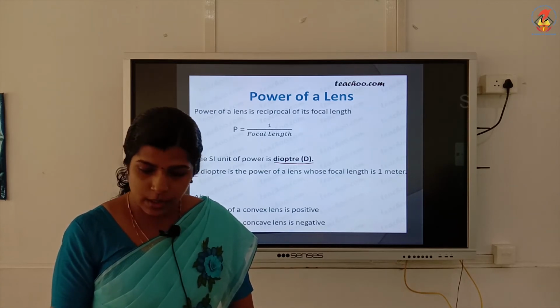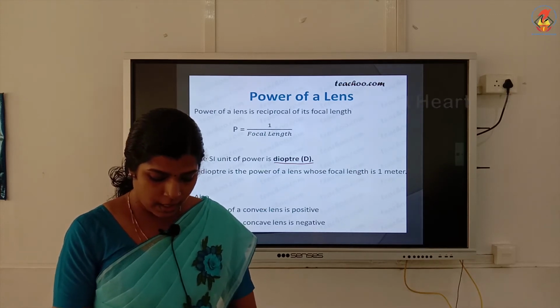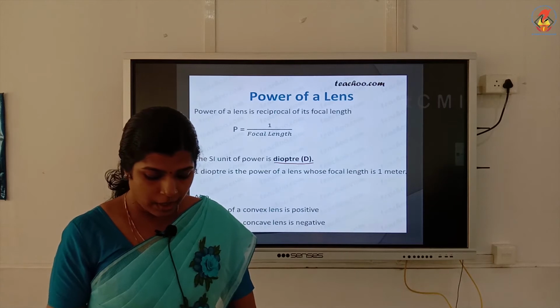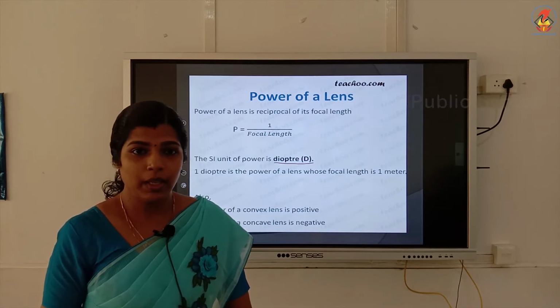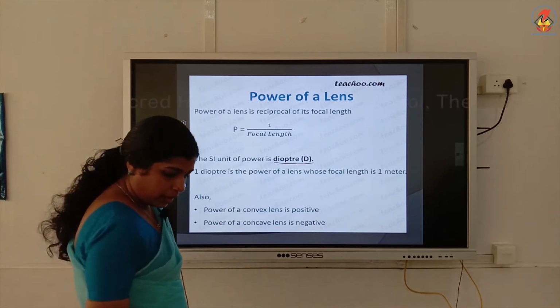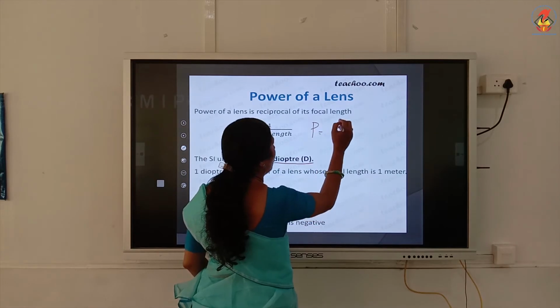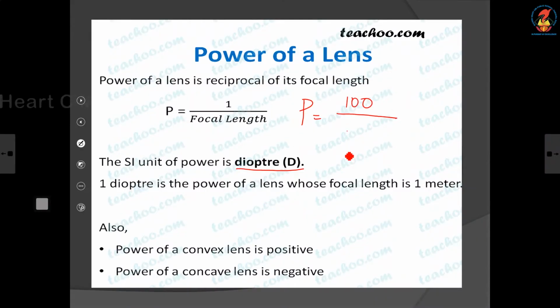It is represented by the letter P. Then the power of the lens is given as P equal to 1 by f. There you write one more equation, that is P equal to 100 by f if it is given in centimeter.